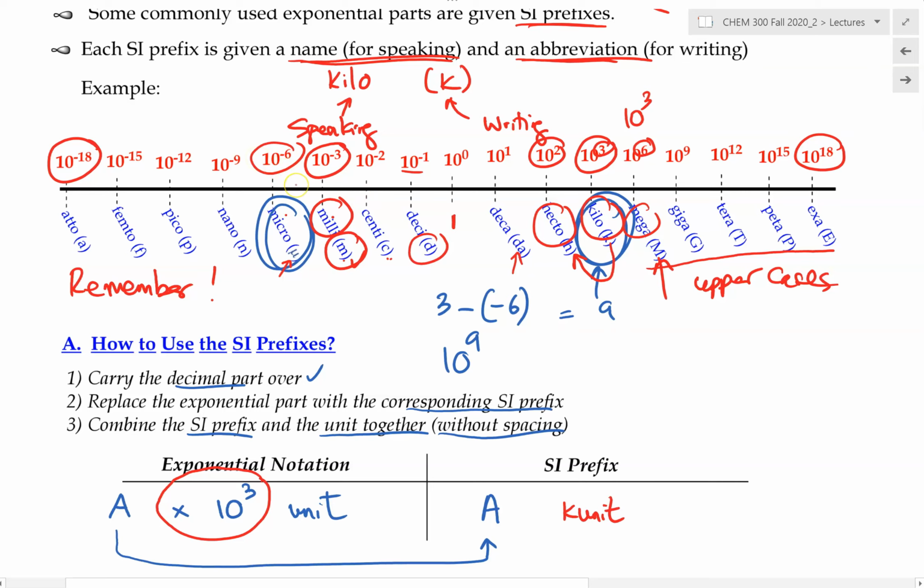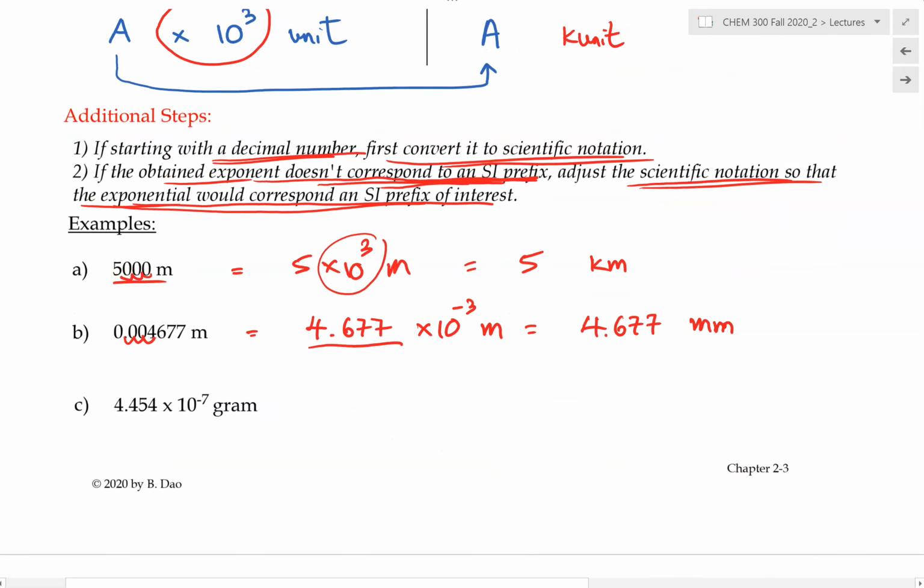In this case, we have 10 to the -7, and the closest one to this would be -6. So we need to change the -7 into -6, so that way there is an SI prefix for it. And as I mentioned earlier, we can change that to any other exponent that we want to. But in this case, we change this to -6.